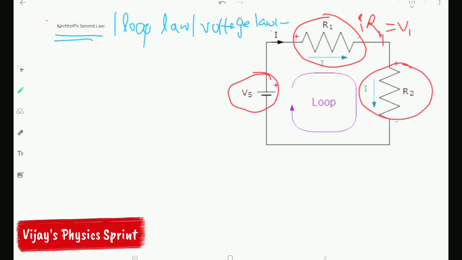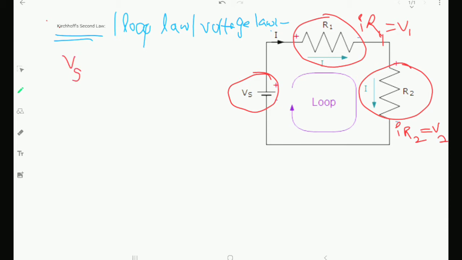Across the second resistor it is IR2, taken as V2. According to Kirchhoff's second law, the algebraic sum of potential differences in a closed loop equals 0. That is, Vs across the cell, V1 across the first resistor, and V2 across the second resistor sum to 0, or sigma V equals 0.